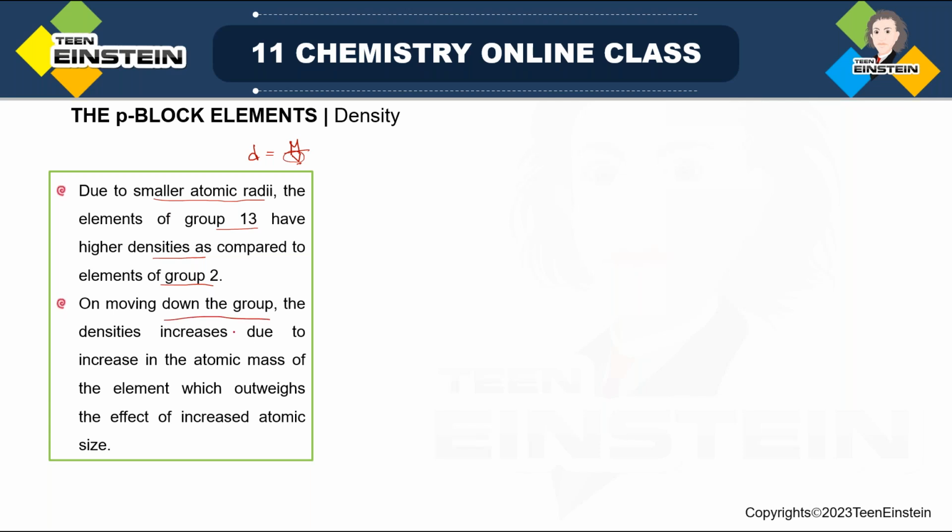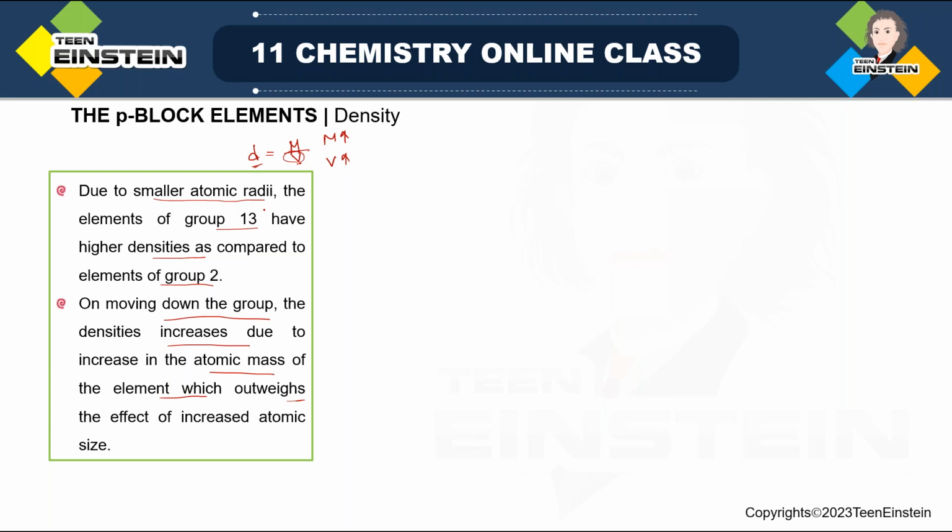When we are moving down the group, the density increases because of the increase in atomic mass of the element, and it outweighs the effect of increased atomic size. Now when you are moving down the group, basically M is increasing, V is also increasing because down the group size increases, we know. So when both are increasing, don't think that density will remain almost the same.